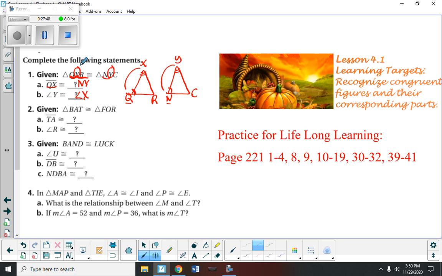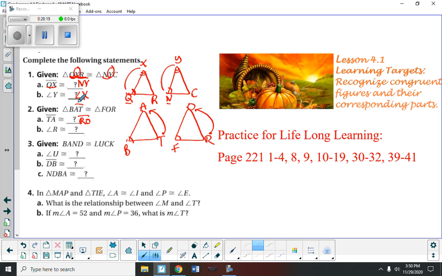The next one is triangle BAT. Again, I like to draw it out. I'm very visual, it helps a lot. And then we'll draw the other triangle. So BAT, and this will be FOR. We started in the lower left-hand corner. BAT, FOR. So TA, starting with T, going up to A, over here would be congruent to segment RO.